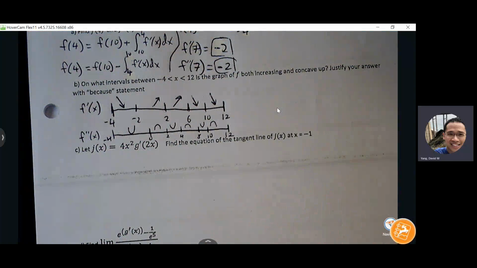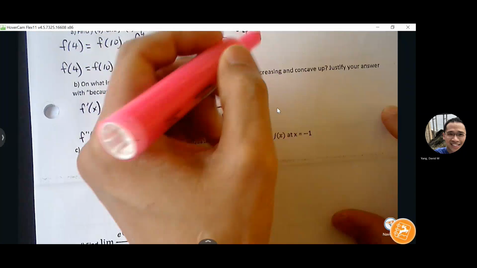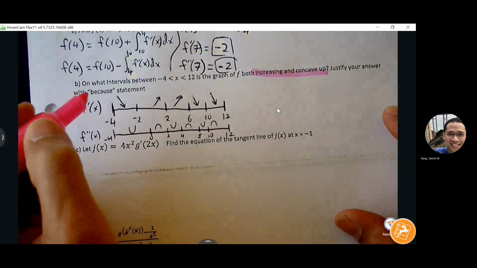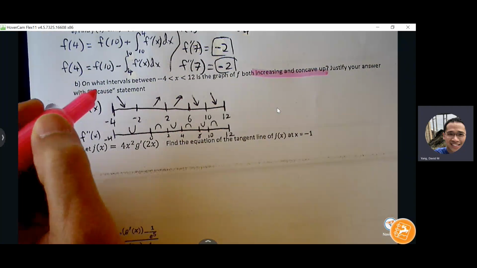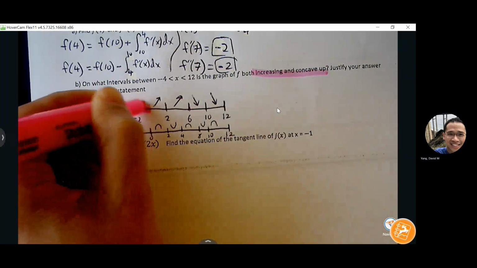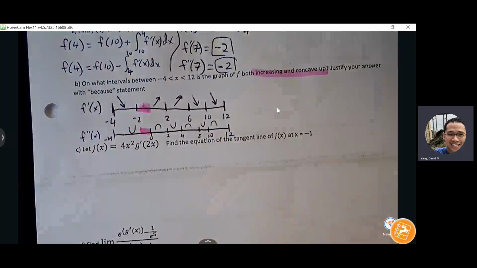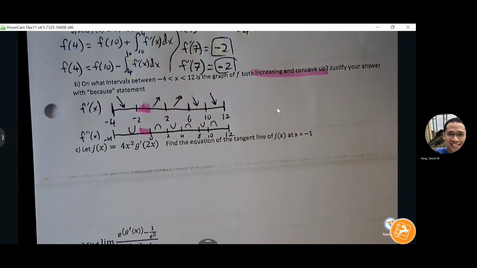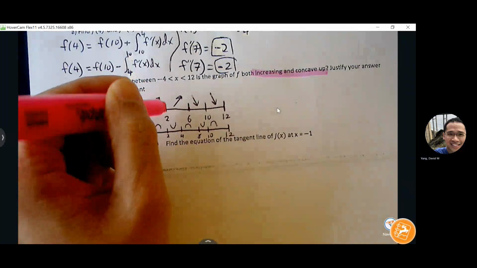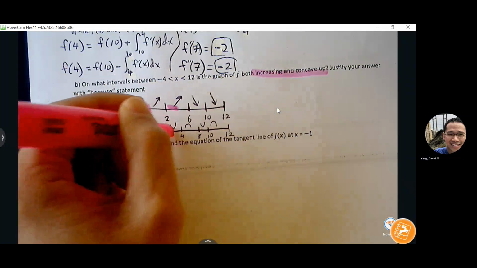We're looking for places where our graph is increasing and concave up. So between -2 and 0, I see those two characteristics matching up. 2 and 4.